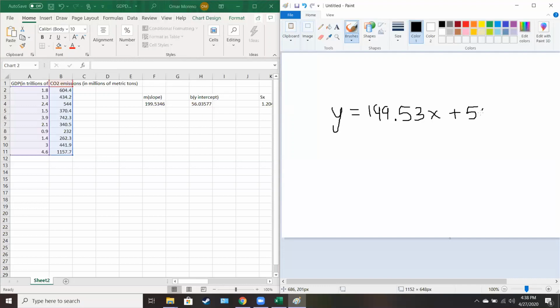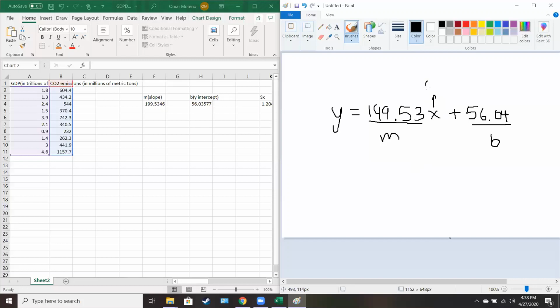And then you have y equals mx plus b. This is 56.04 if we round to the second place, right? So this is your m, this is your slope, this is your b, your y-intercept, right? And this equation is telling us how your two variables relate, right? The x, remember, is your explanatory variable.